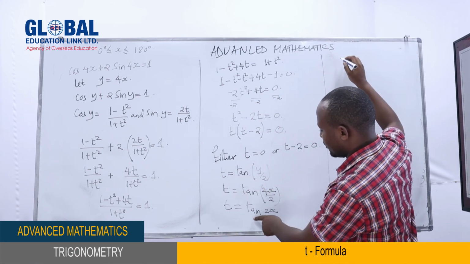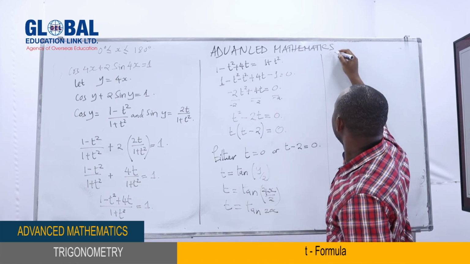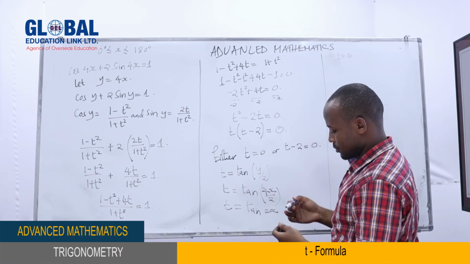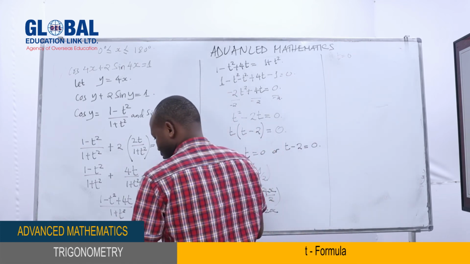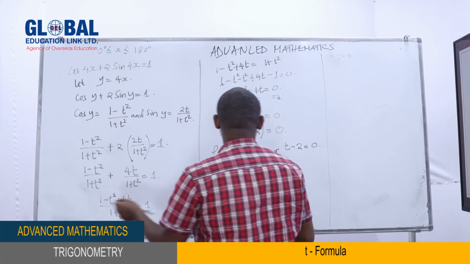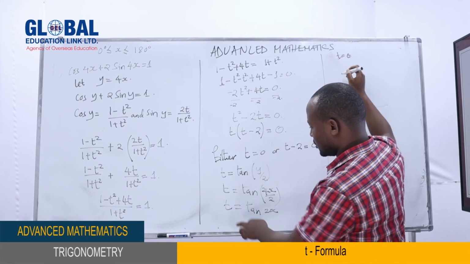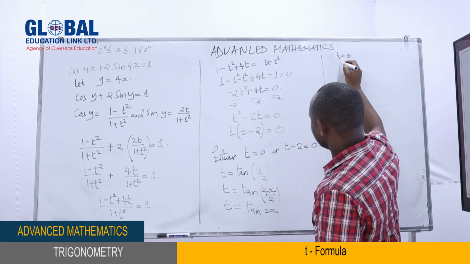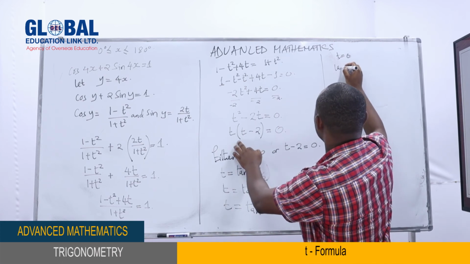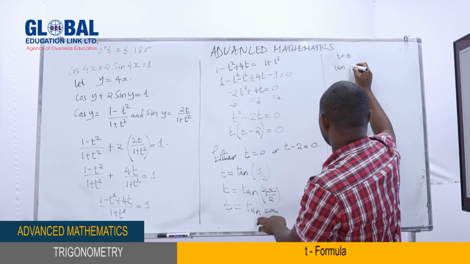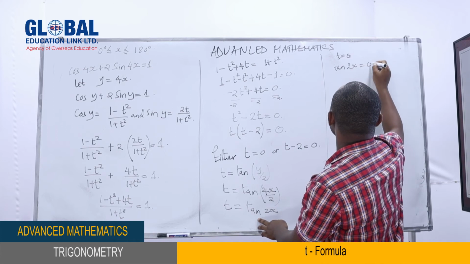By the use of this one, when t equals 0, we're going to be left with tan of 2x equals 0.